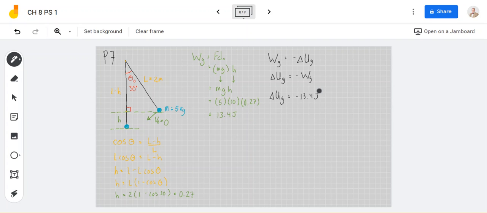C says, if the gravitational potential energy is taken to be 0 at its lowest point, what is the value of the ball when it was released? All right, so it's saying, let's call this down here, h is equal to 0. So if I just do the change, our idea of change is going to be, oh no, sorry, typo.